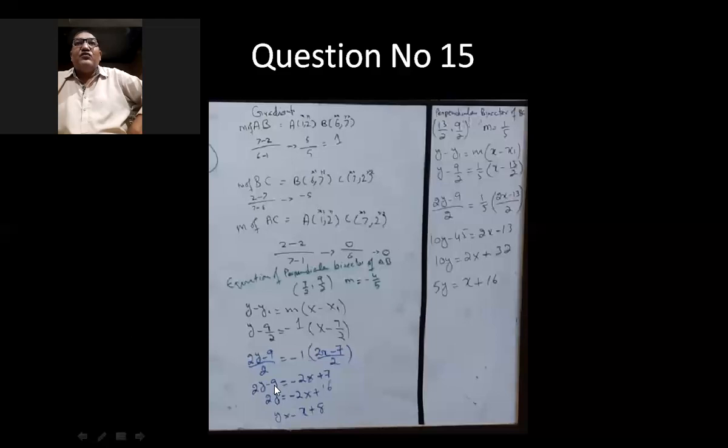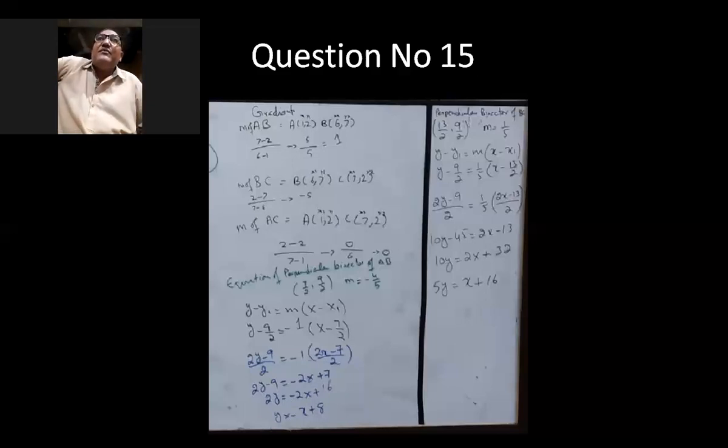This 2 and this 2 will be cancelled. So you will have 2y minus 9 equals minus 2x plus 7. So you will have 2y equals minus 2x plus, when this negative 9 comes here, it will add, it becomes 16. So you will have y equals minus x plus 8. So that is the equation of the perpendicular bisector of the AB.